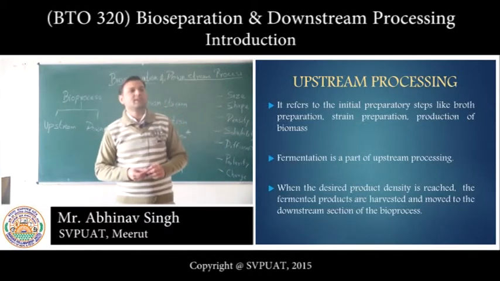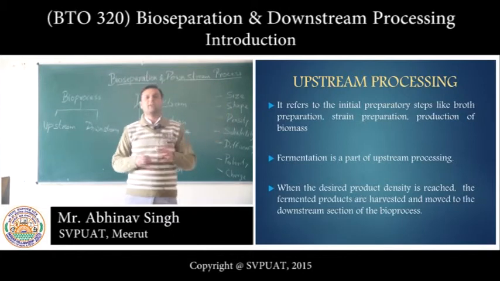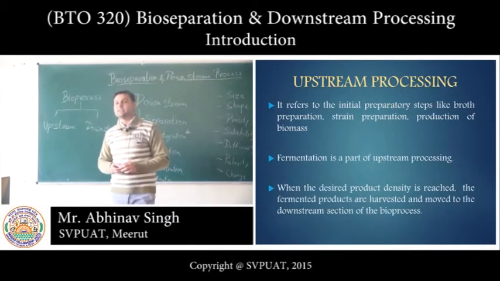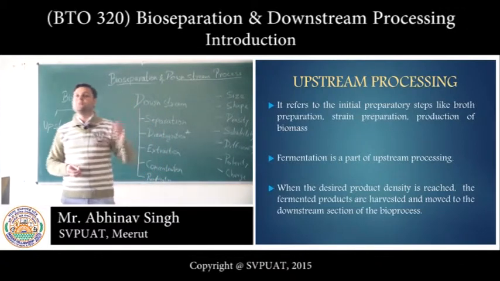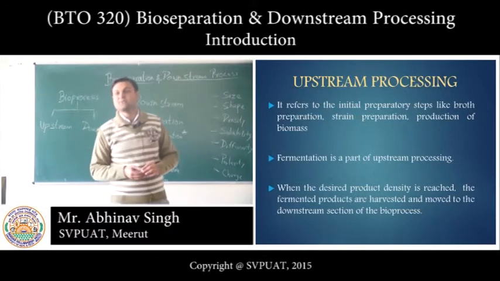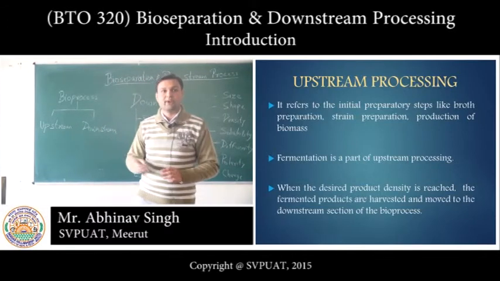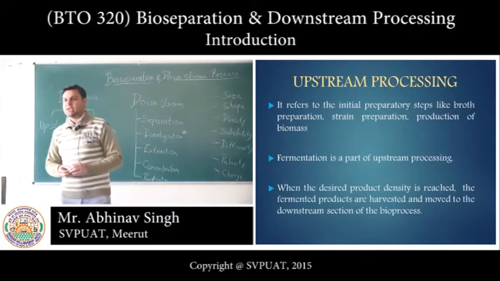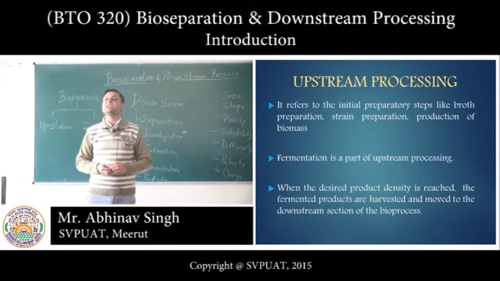Why are we going to do that in a stepwise manner? Why not go directly for the commercial level fermenter? The reason is, if we fail directly at the industrial level, then the cost would be very high. So why risk such a large amount? If we keep a check on it, we can check it at the laboratory level.